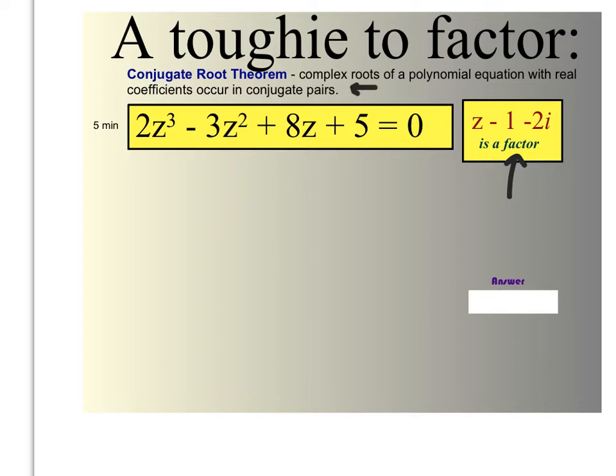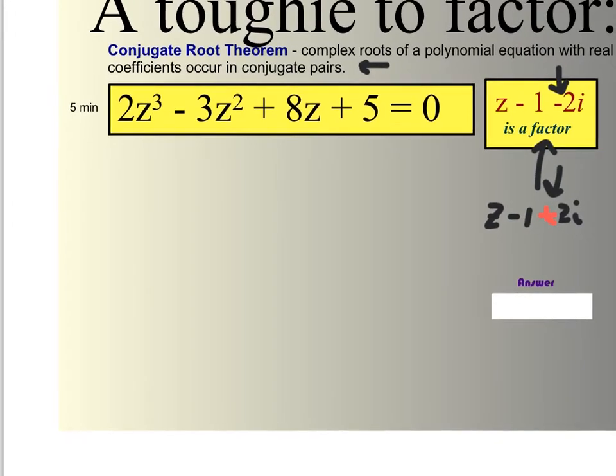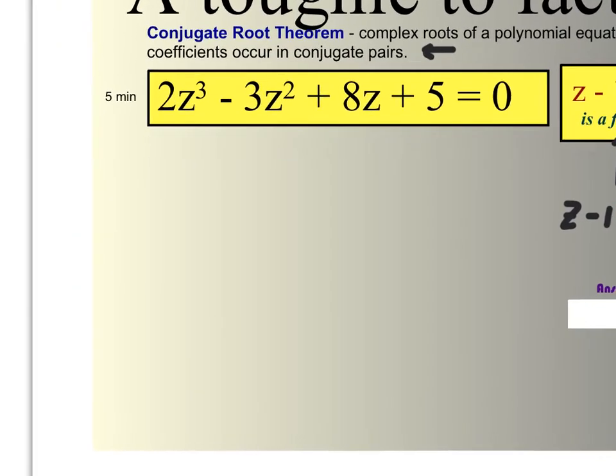If z minus 1 minus 2i is a factor, then z minus 1 plus 2i is another factor. And the conjugate part of that is this plus in between. So those two are conjugates for that reason, because of this minus and this plus. Alright, so what does this mean? Okay, so those are two factors.